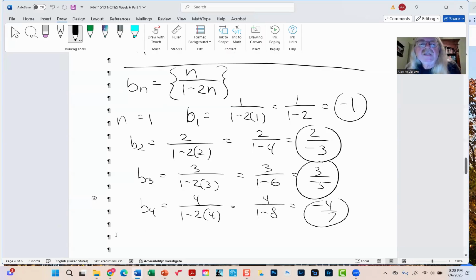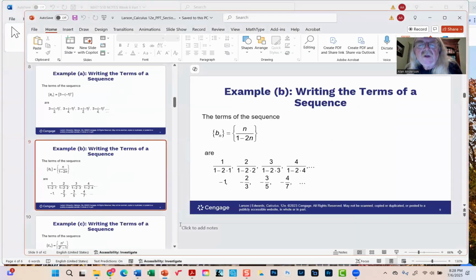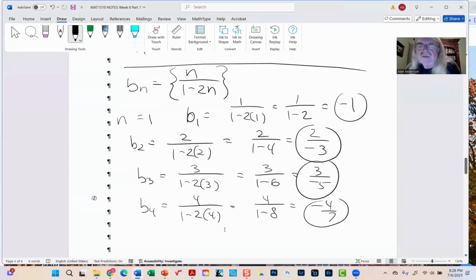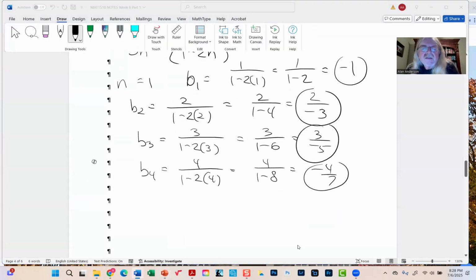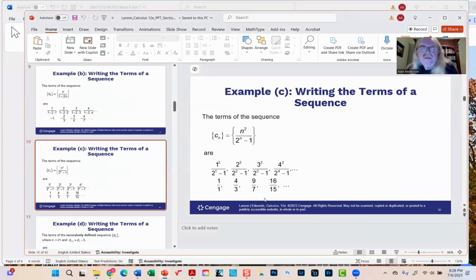All right, well, anyway, those are the first four terms: 1, negative 2/3, negative 3/5, negative 4/7, et cetera. All right, let's see what else they have for us.